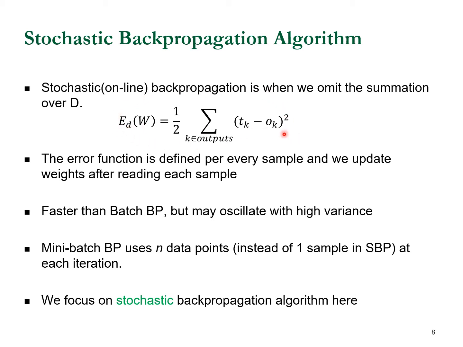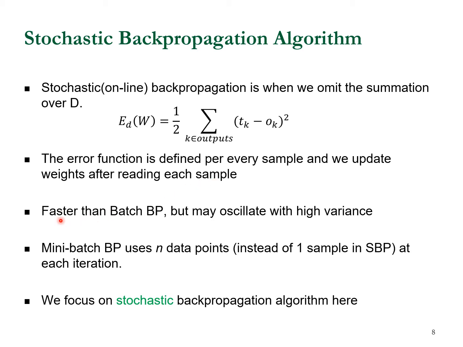So for every data, you define an error, and then you update the weights. The error function is defined per sample, and then we update weight values after reading each sample. That's how the stochastic version of backpropagation works.